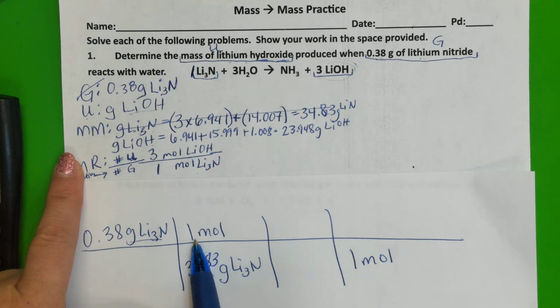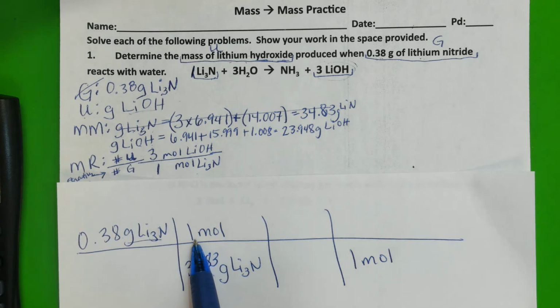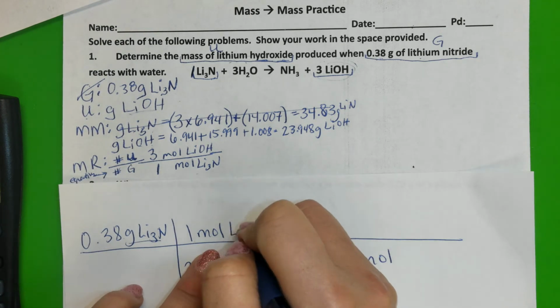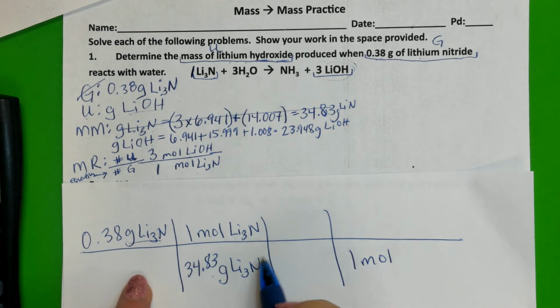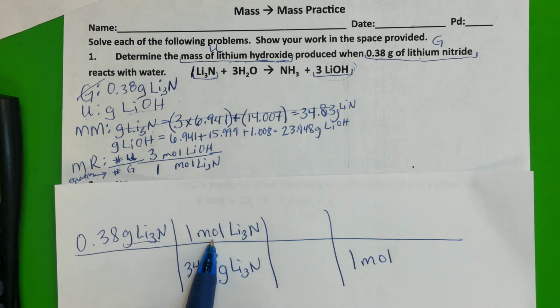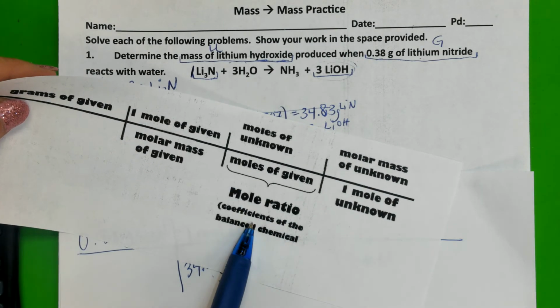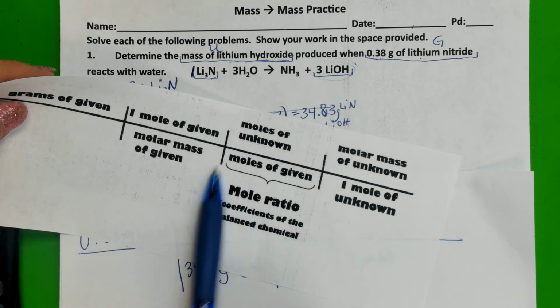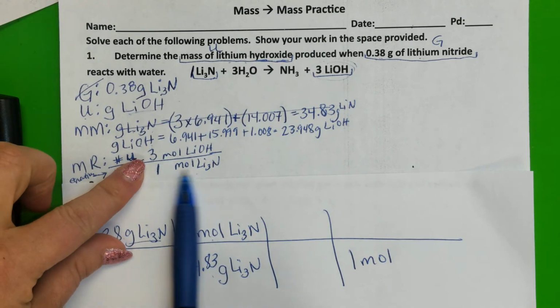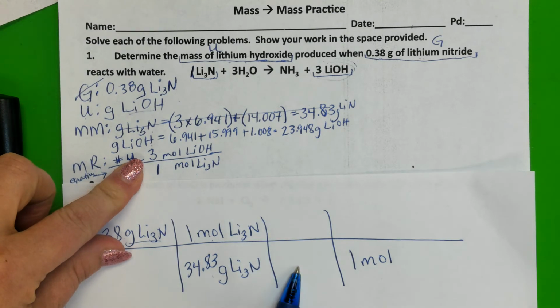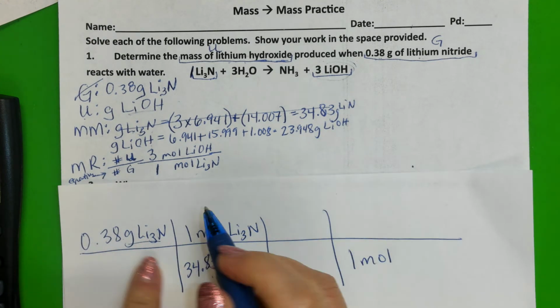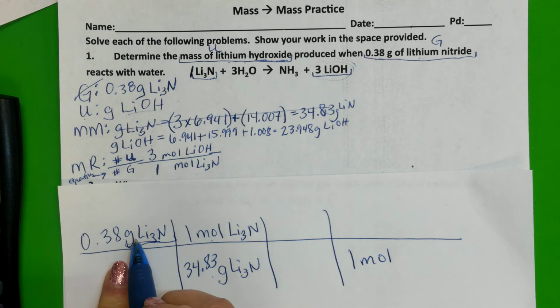So on the next one, if you get confused, you could easily look at this. You see how it's the mole ratio next? So that means this goes in here. Always keep in mind that the top corner and bottom corner have to be the same.